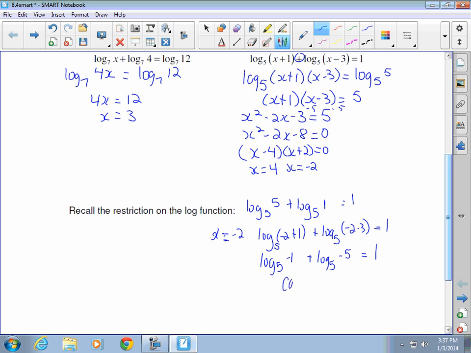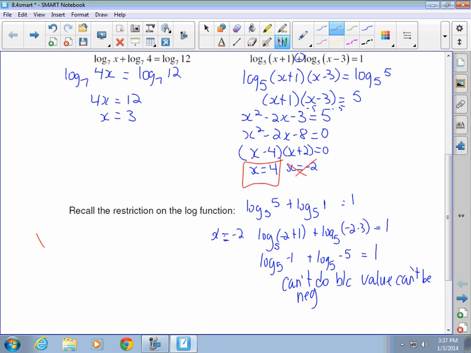So you can't do this because your value can't be negative. So that would mean we throw this out, and that is your solution.